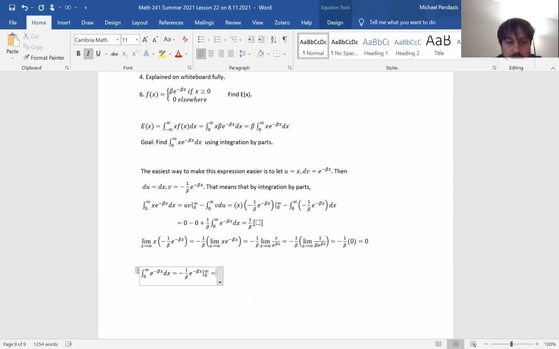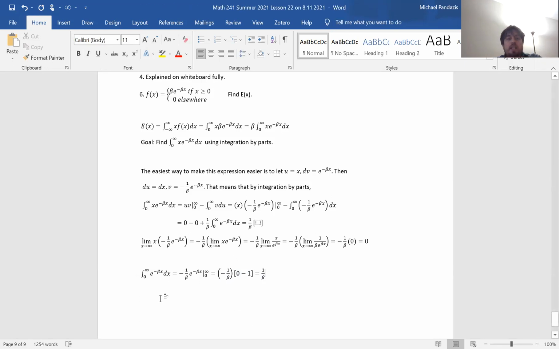You have a negative 1 over beta as a constant, and then e to the negative beta x evaluated from 0 to infinity. At infinity, it's 0. Minus at 0, it's 1. So this is equal to 1 over beta. So the thing that you plug in there is 1 over beta.